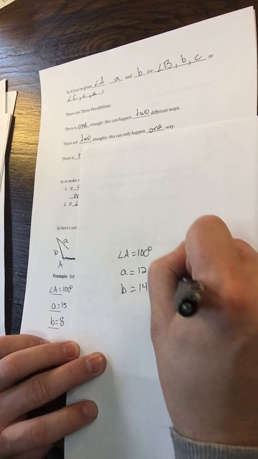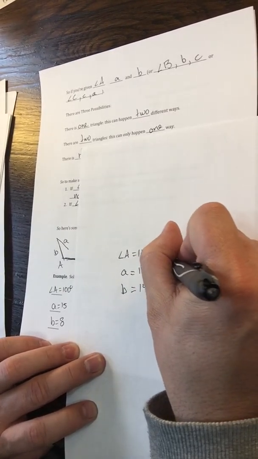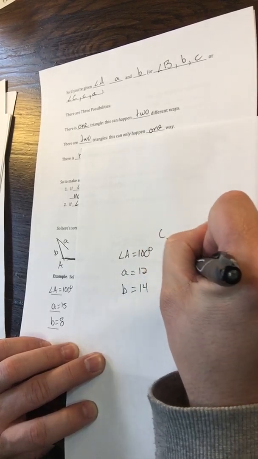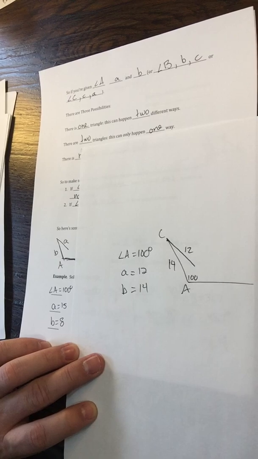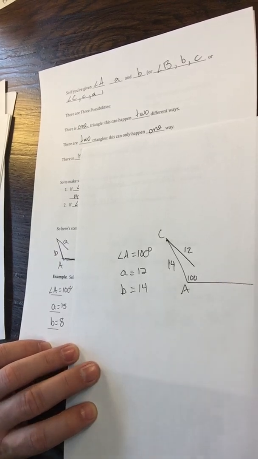So I have 100 degrees, that's angle A, and then this is side B, and it's 14, and this would be angle C up here, and this is only 12 units long. And so it can't make it back to even here to make a line, much less be out here and finish off the triangle.